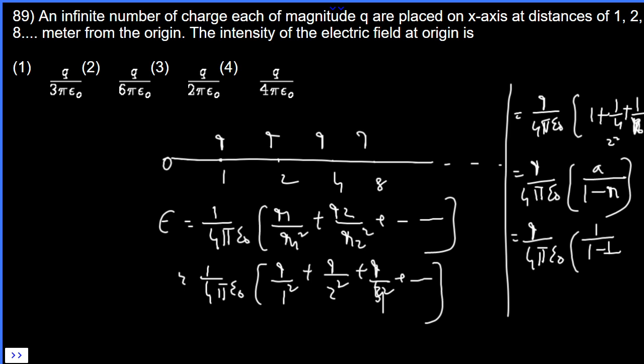For 2, 4, 8 meter also, the common ratio is 1 by 2 square. So from this we get the final expression as q by 3 pi epsilon naught. So option number 1 is the correct one.